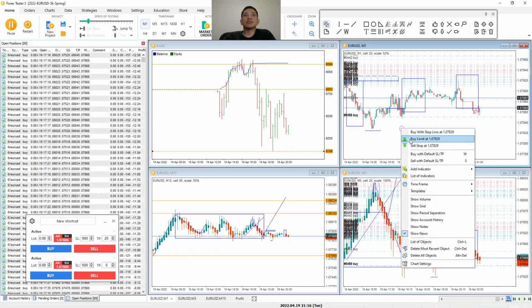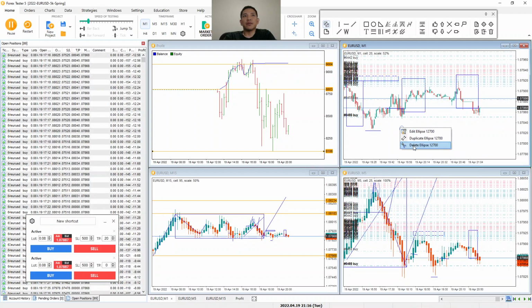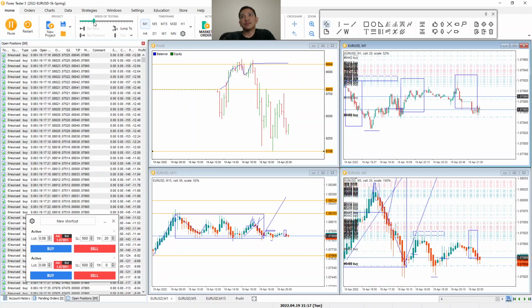Okay, and then basically the only thing I can do right now is to wait it out, because if I trust my structure analysis, then it should go up. So I'm going to speed this up, and it might be the 9th session before we are able to fix these trades.